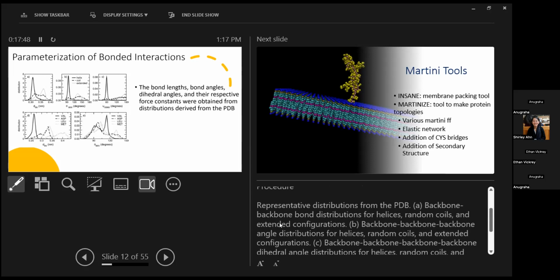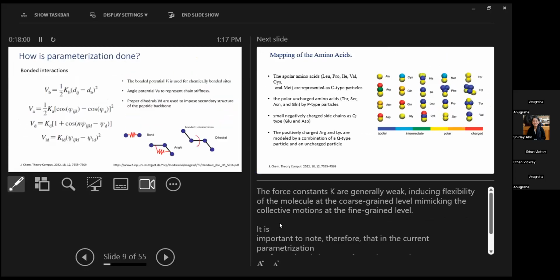So again, depending on where the secondary structure is, we calculate the equilibrium constants required for MD simulations. These are the values that we need. That's how they measure it through PDB distribution.